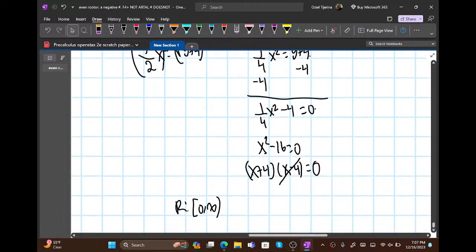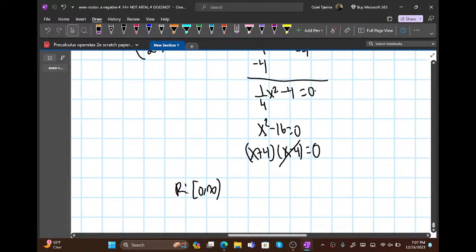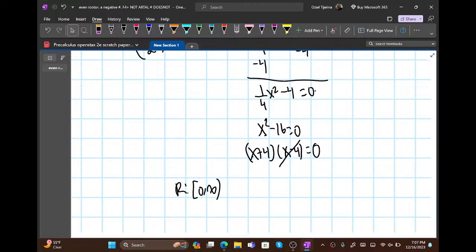So whatever y value you get, it's going to be from 0 to infinity. You have to connect it to the idea of finding the roots. It is very hard, guys. This is very difficult. I just don't know the best way to explain it.